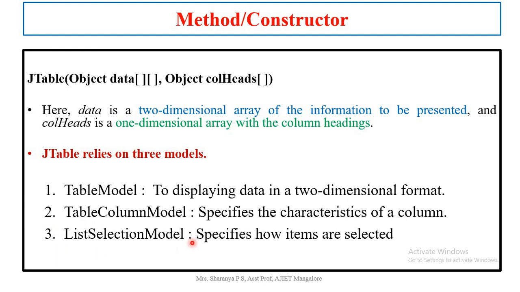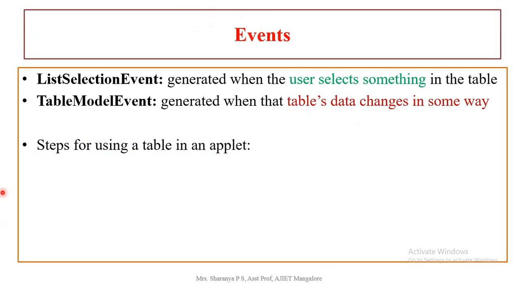Next one is the list selection model. It specifies how many items are selected from the table. These are the models which will be useful when we do some operations on the table, not during just displaying of the table. Next, the events associated with this table are the list selection event and the table model event. The list selection event will be generated when the user selects something in the table.